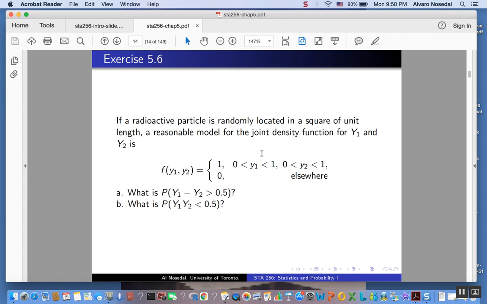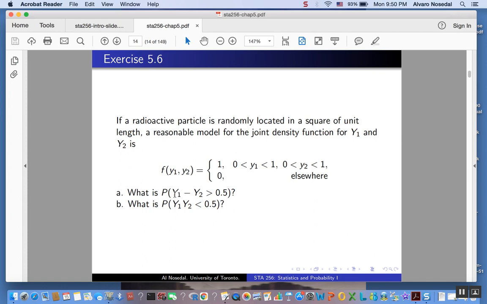I'm about to show you in just a few seconds a graphical representation of the joint probability density function, so you have a better idea of what it looks like. It's going to be 0 elsewhere, and we are going to be using that joint probability density function to answer these two questions.